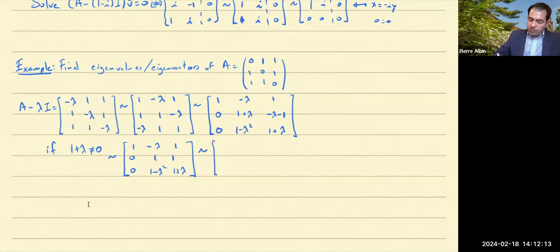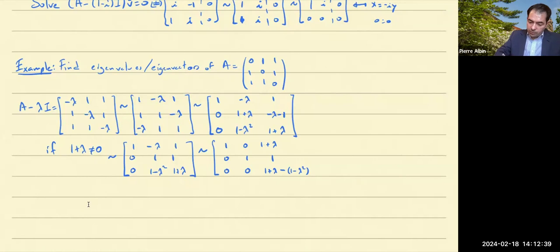So I'm going to multiply the second row by lambda and add it to the first. And then I'm going to multiply the second row by 1 minus lambda squared and subtract it from the last row. So I get here 1 plus lambda minus 1 minus lambda squared.